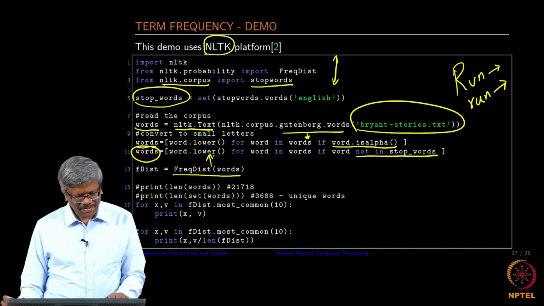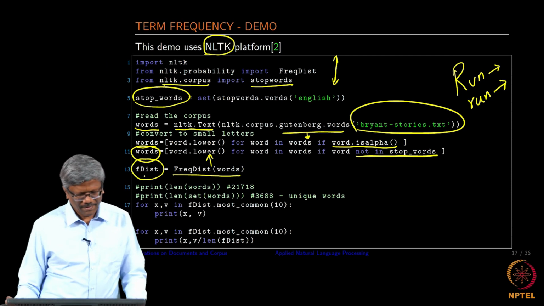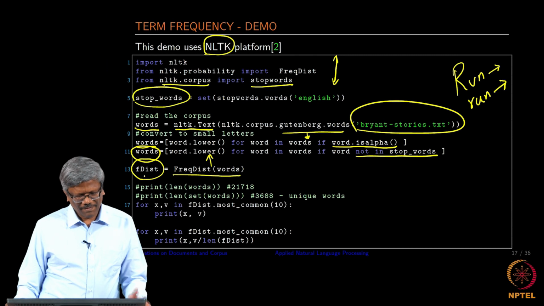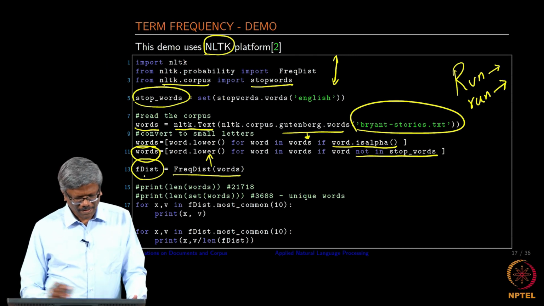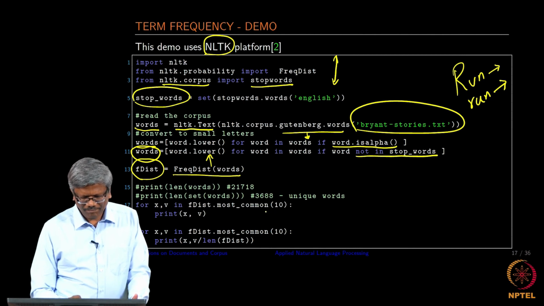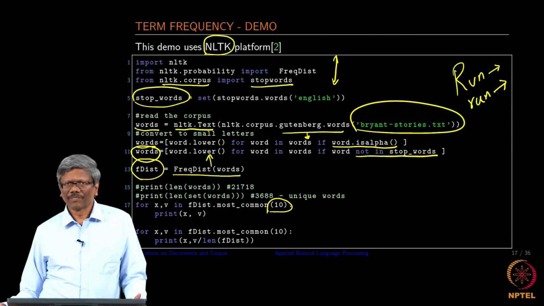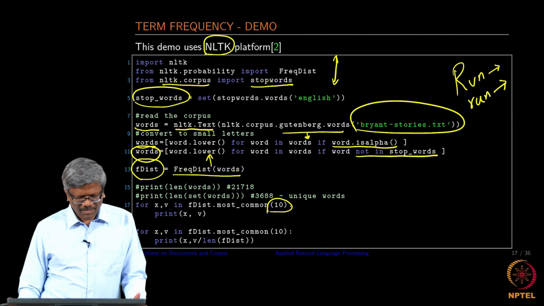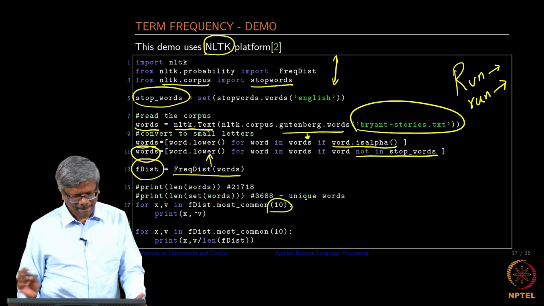My frequency distribution is again an array that contains the words and the frequencies of each word. Finally, I am printing the most common words that are found. I can print all of them, but it is going to be a huge collection, so I am restricting that to 10 and printing them.